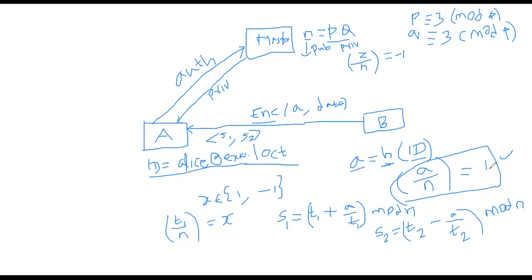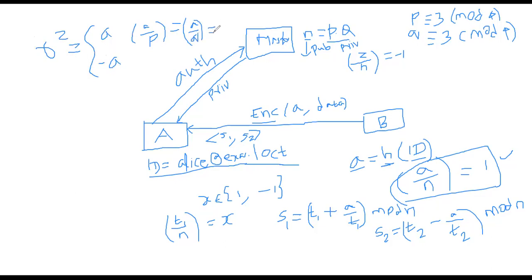So what is the private key then? The private key is another number R, such that R squared is either A or minus A, depending on whether the Jacobi symbol of A over P is equal to A over Q. Remember, the master knows the prime factors P and Q, so he can generate the root.